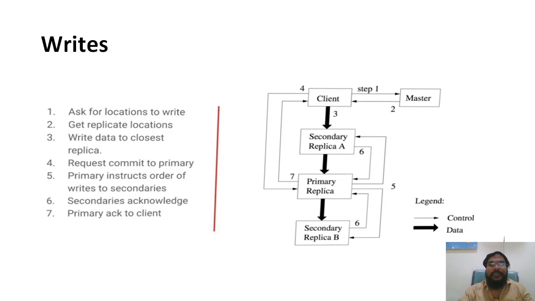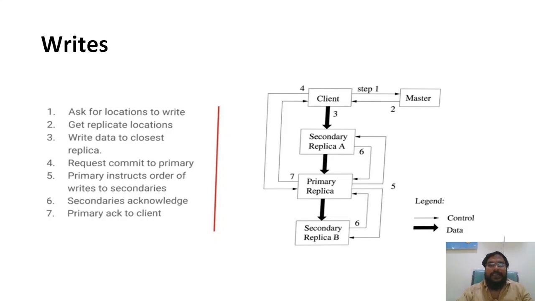What actually happens is that first the data is written and stored in your closest replica, from there it is transferred to your primary replica, and from there it is stored in the secondary replica, and at last the primary replica sends an acknowledgement to the client that your data has been stored successfully.